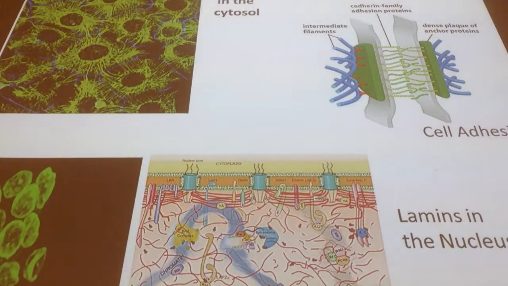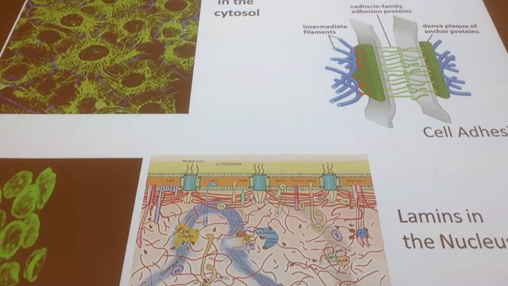So, in addition to that, how else are intermediate filaments involved with cell function? Intermediate filaments, as well as microfilaments, but not microtubules. So here's a similarity between intermediate filaments and microfilaments: they provide a stable anchor for cell adhesion.